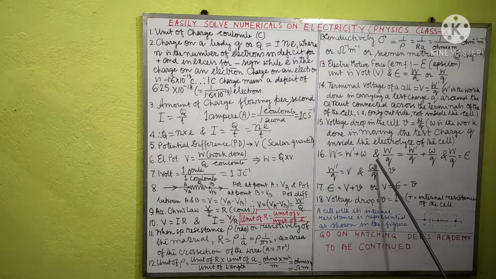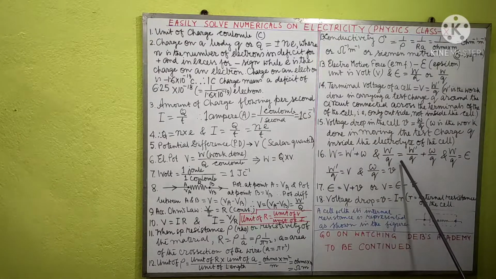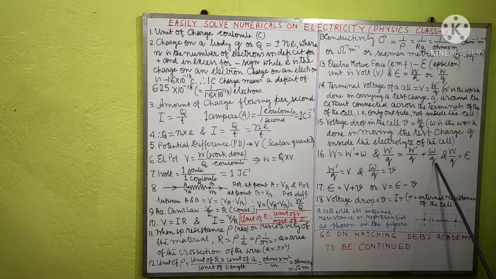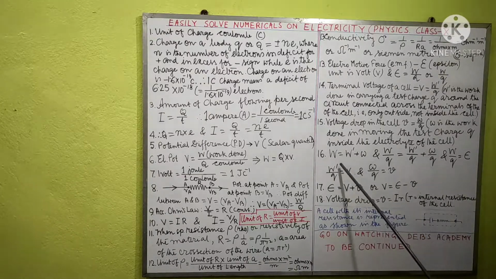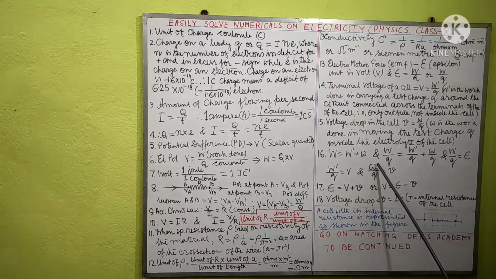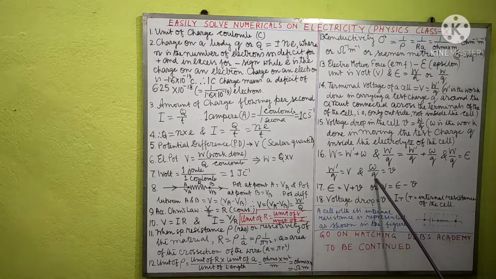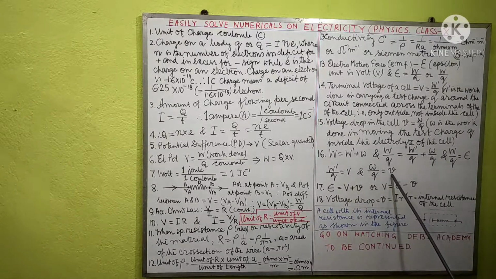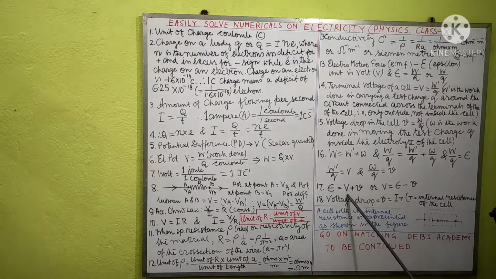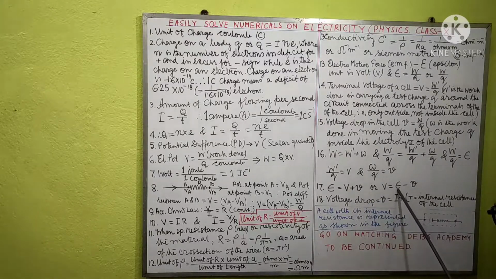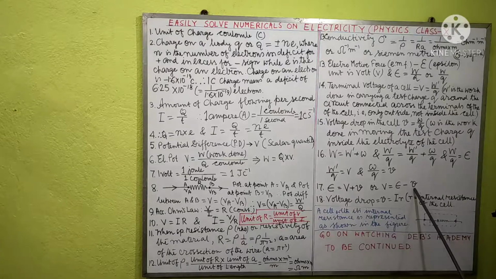When they are divided by Q, W by Q equal to epsilon, W dash by Q equal to V, and small w by Q equal to small v. Epsilon equal to capital V plus small v, or V equal to epsilon minus small v.